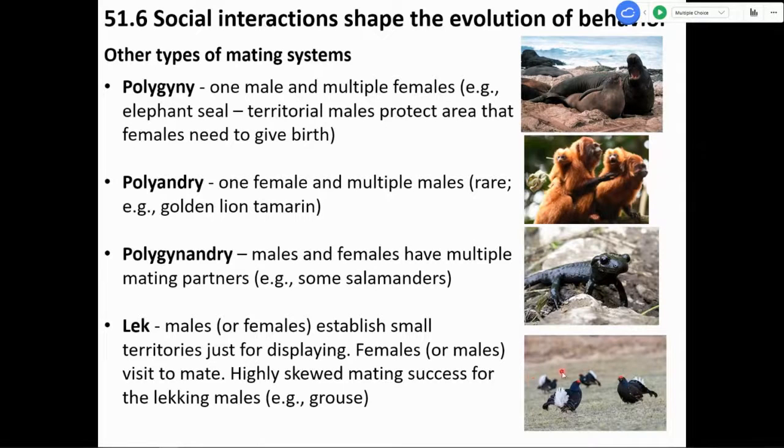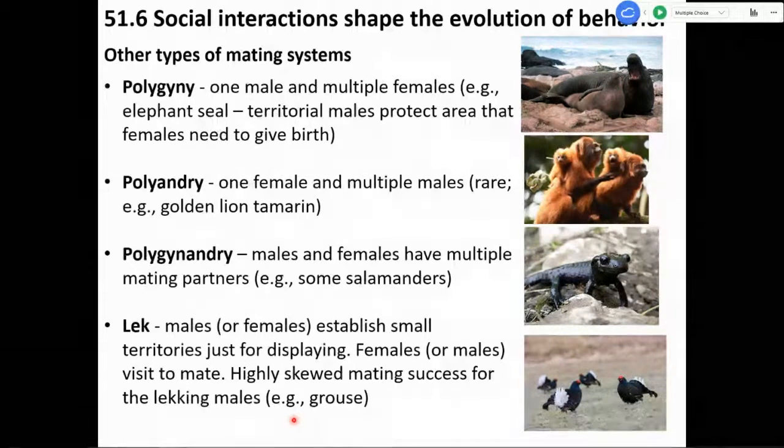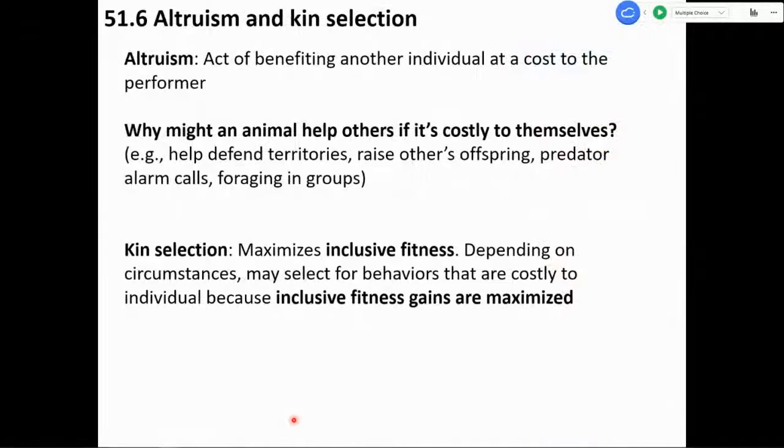There are a number of different hypotheses of what is causing that behavior, but it's not a fully resolved issue what the underlying selective pressures are. But in general, there are multiple different mating systems, depending upon the types of environment that the species live in.